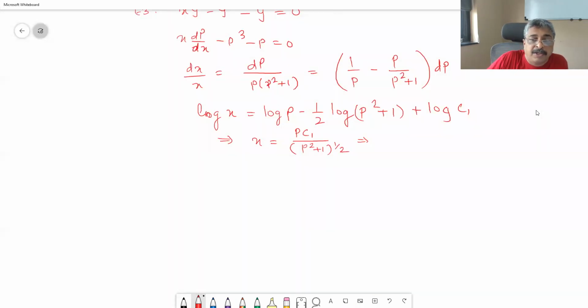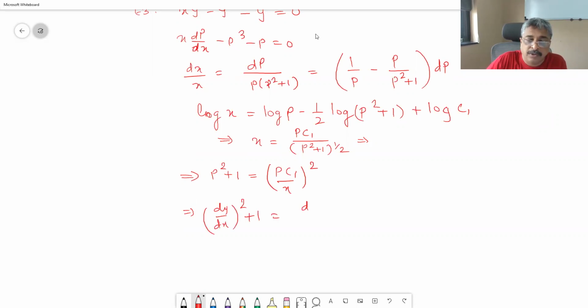Okay, if you have any trouble understanding any of the steps, you should ask me. This is p square plus 1, I take it to the other side, and it is equal to (p c1 upon x) square, which is (dy by dx) square plus 1 is equal to (dy by dx) square into c1 square upon x square.